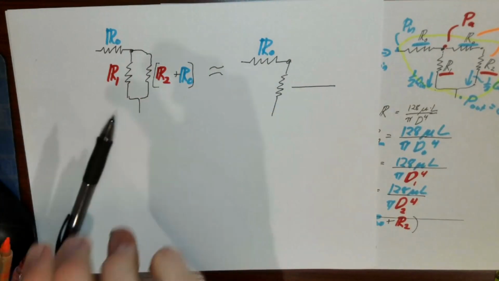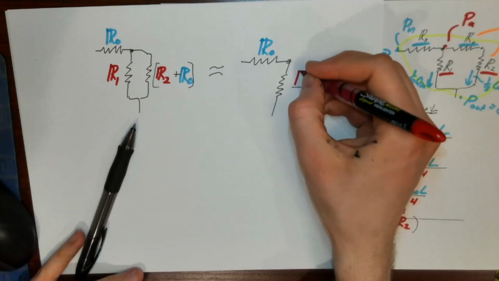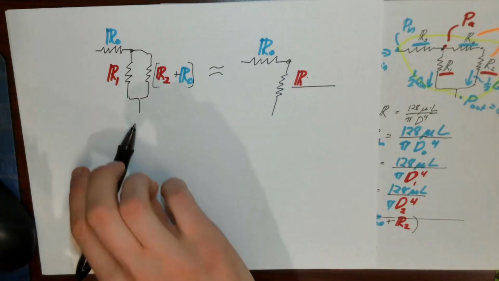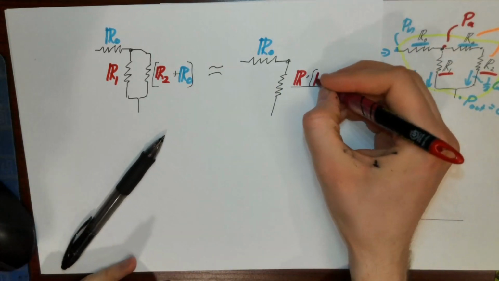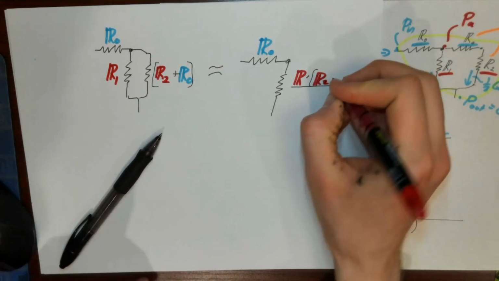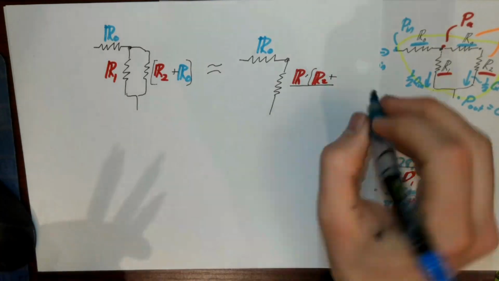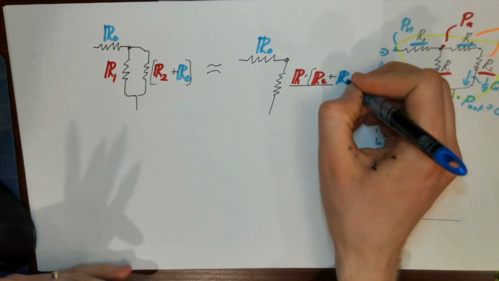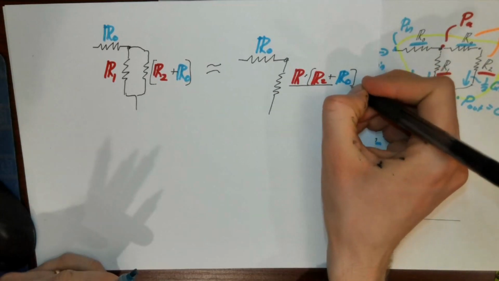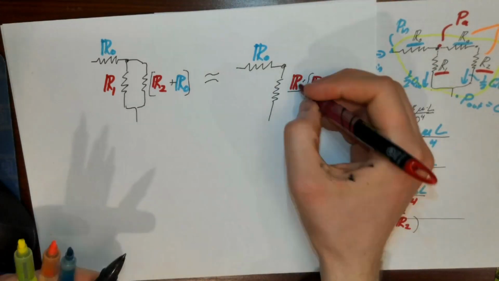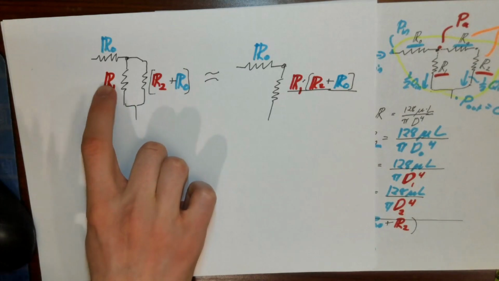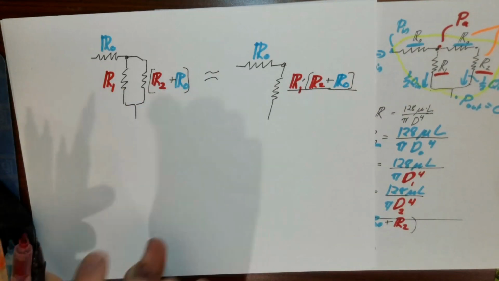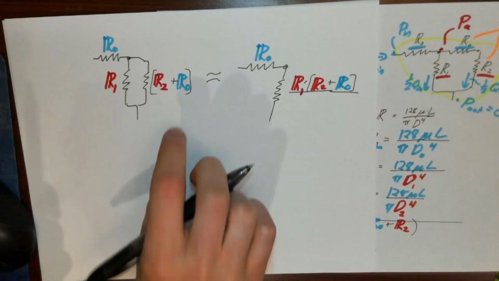So I'm going to have R1 times R2 plus R0, sorry, I forgot my subscript 1, R1. It's the product, this resistance times this resistance, over the sum, this resistance plus this resistance.